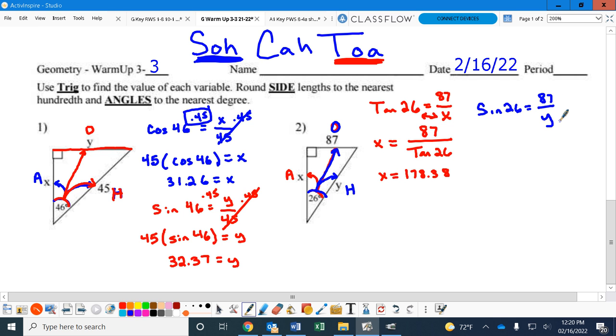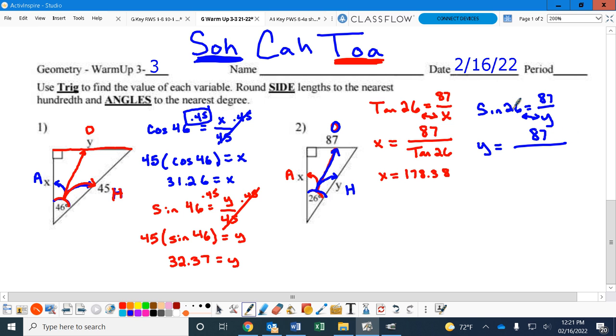Guys, it's almost the exact same problem except we've changed trig functions, but the same process still works. If the variable is on the bottom, you switch them, you rewrite it as y equals, you keep the 87 on top.